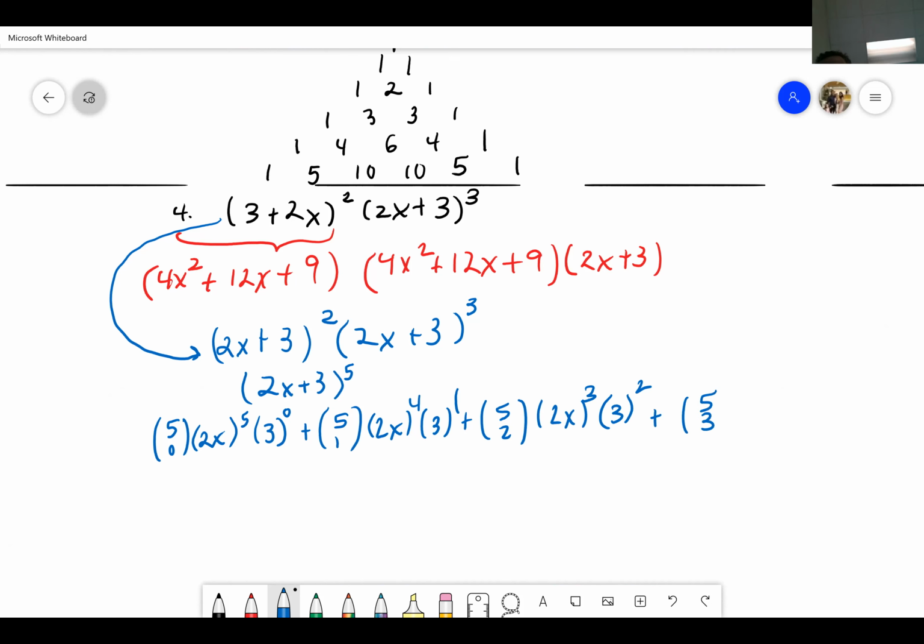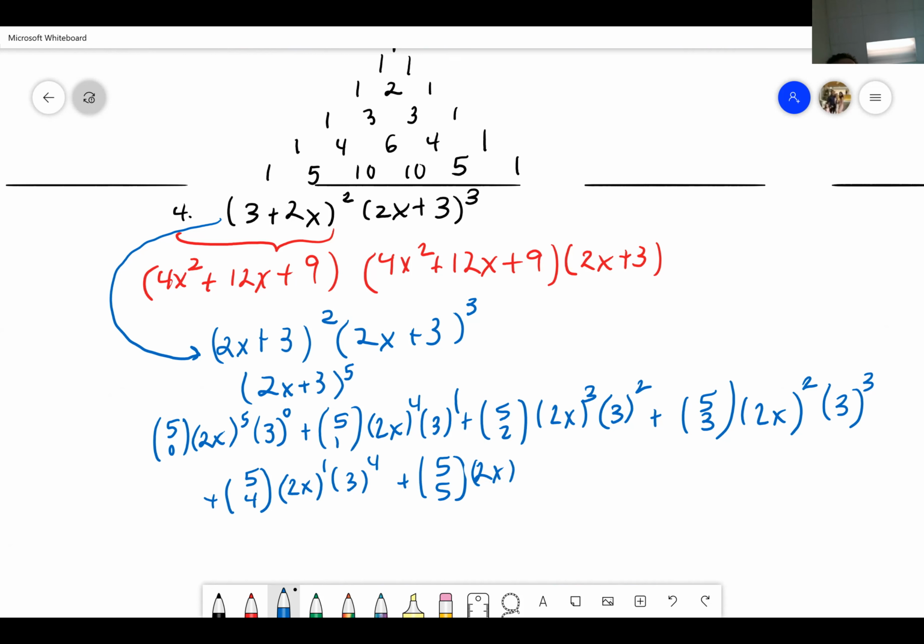Plus 5 choose 3, (2x) to the second, 3 to the third, plus 5 choose 4, (2x) to the first, 3 to the fourth. And then we have 5 choose 5, (2x) to the 0, and 3 to the fifth.